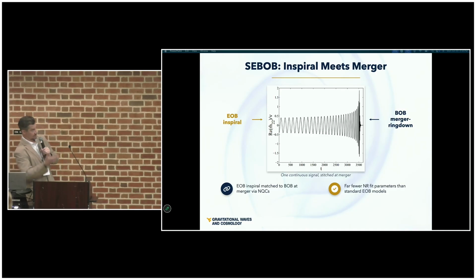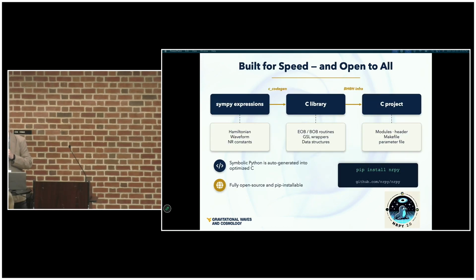So Bob gets rid of the merger-ringdown tuning for the L equals M modes. We may have to reintroduce some to really nail down the L not equal to M modes. Because we're trying to make very precise models, out of the box Bob does well enough for LIGO purposes and any time in the near future. But when we're looking at LISA, we really have to nail this down even better.